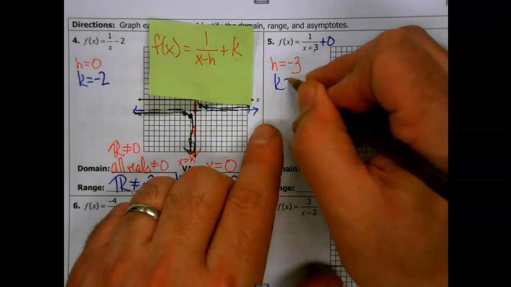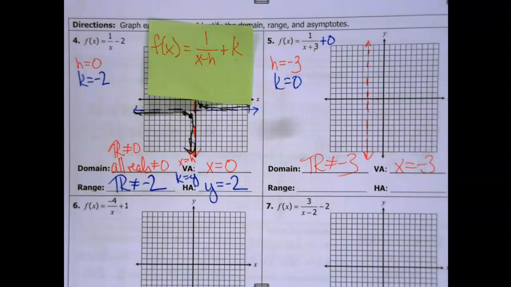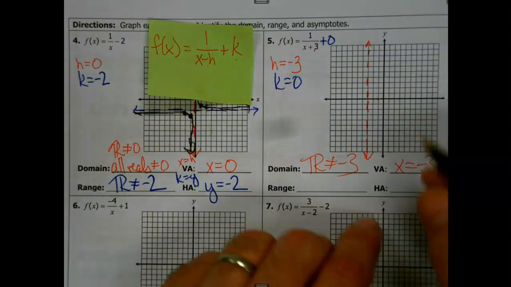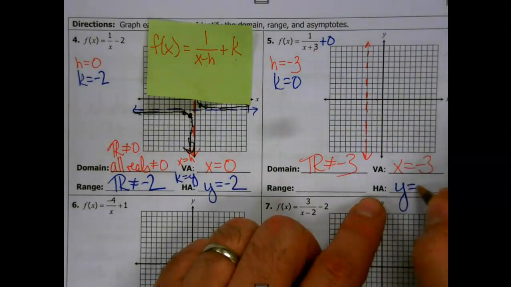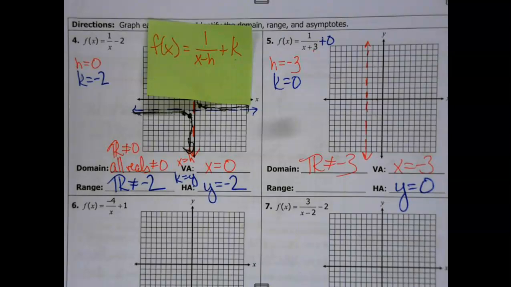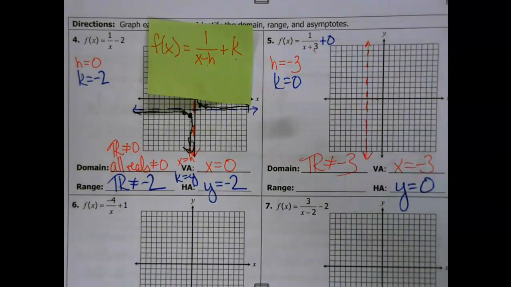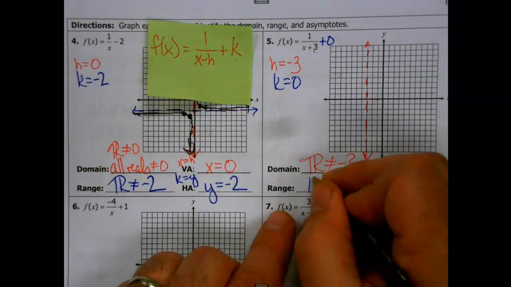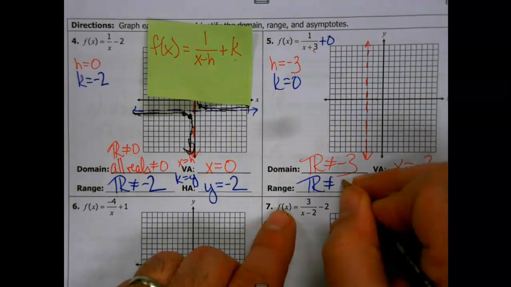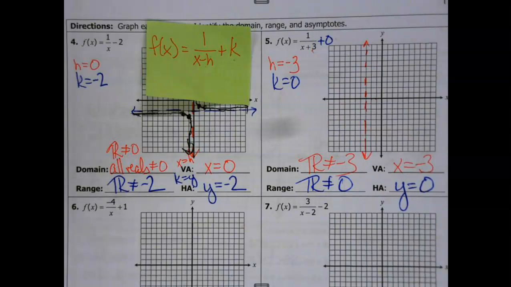So my k value is 0. It's not none. So my horizontal asymptote, so you're like, wait, so that's always the vertical asymptote and that's the horizontal. Basically, yes. That's true. So we get that in.